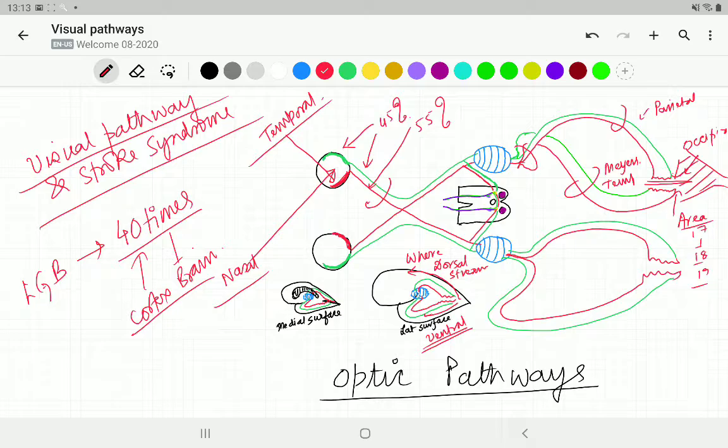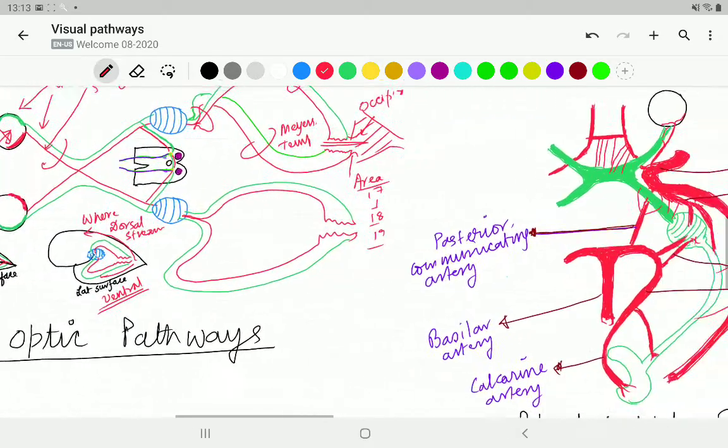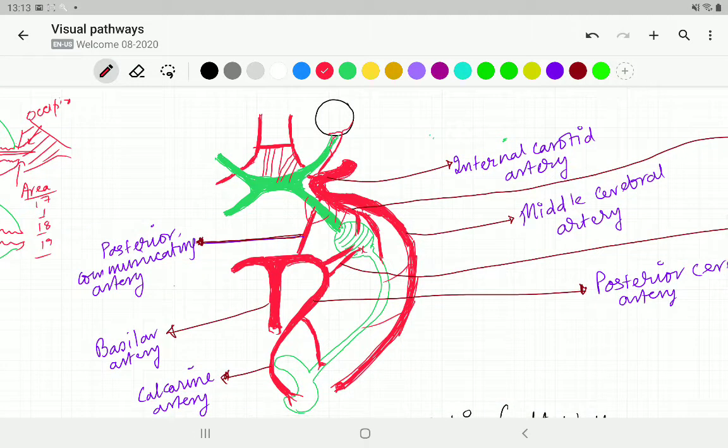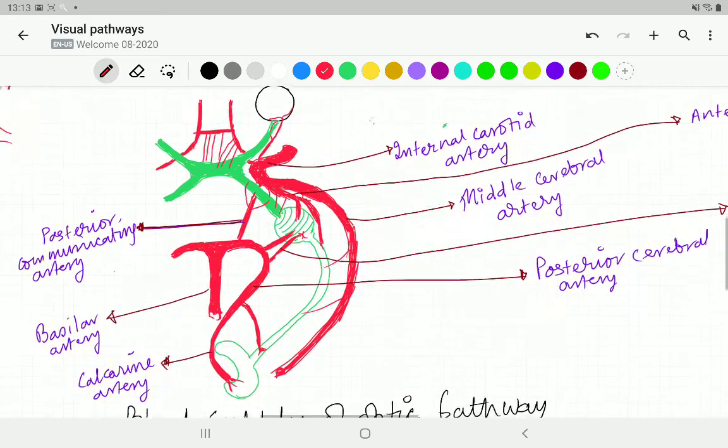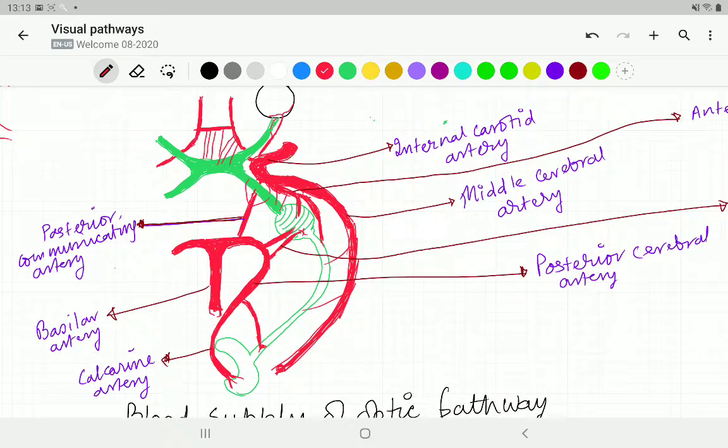Now we will quickly discuss the blood supply of the visual field. So this is an image where we're showing the blood supply of the visual field.